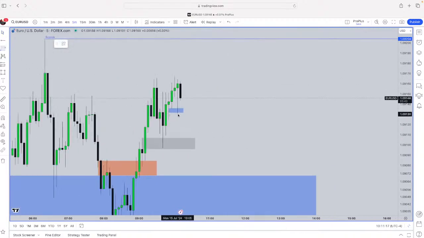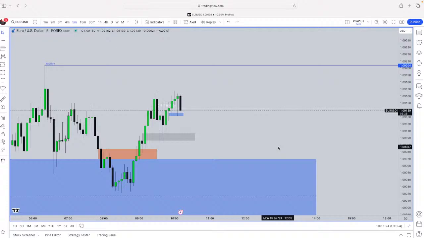Midpoint of this wick, I'd like to see it get respected. Just back in the implied fair value up here.